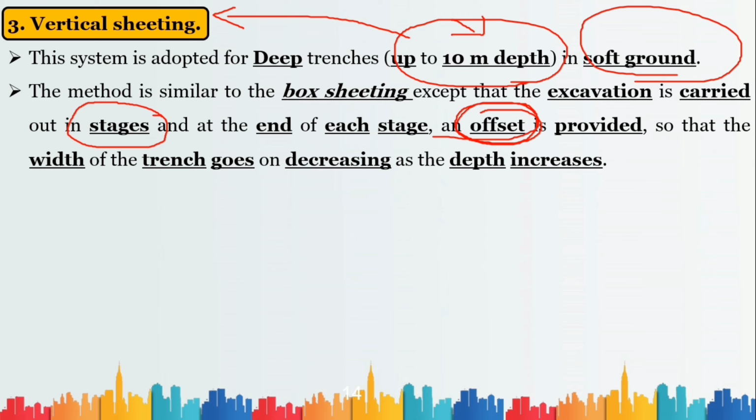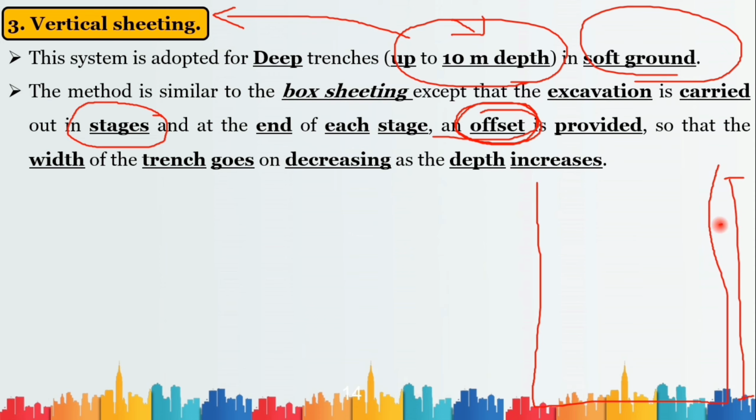Like, for example, consider this is your site, and the maximum depth you need to go is equivalent to 9 meter. So according to the trenches method, we cannot use method number 1 or method number 2. Why? Because it is more than 4 meter. So we choose method number 3.